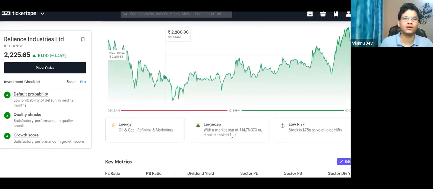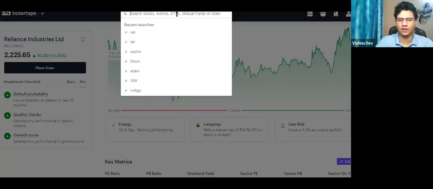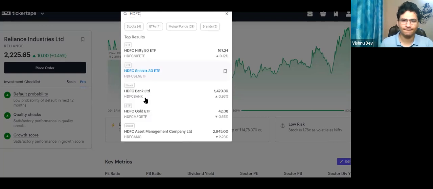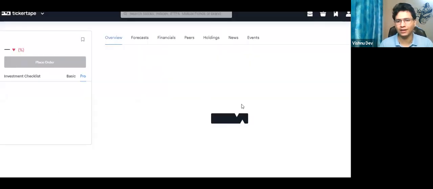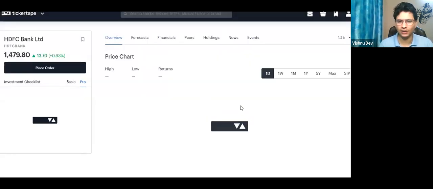A few months before it was HDFC, now it is Reliance only. It is rank 1. See, 14,78,000 crore, 14 lakh 78,000 crore. Now when you talk about HDFC, there are lots of companies. If we talk about HDFC Bank, it will be in the top 10 only, I guess.